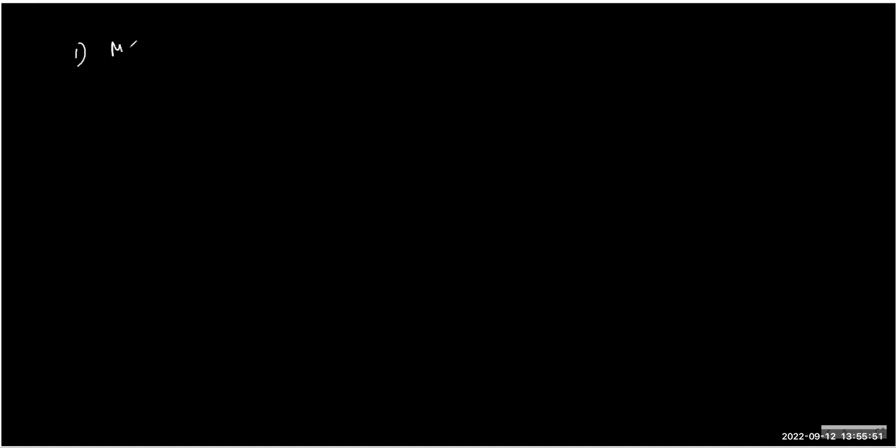We'll start with myopia. What is myopia? Short sight. It means you can see the nearby objects clearly, but not the farther objects.